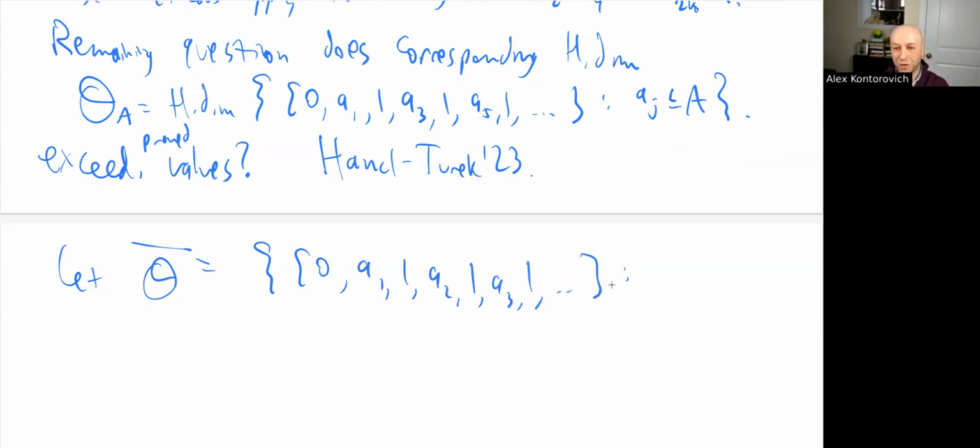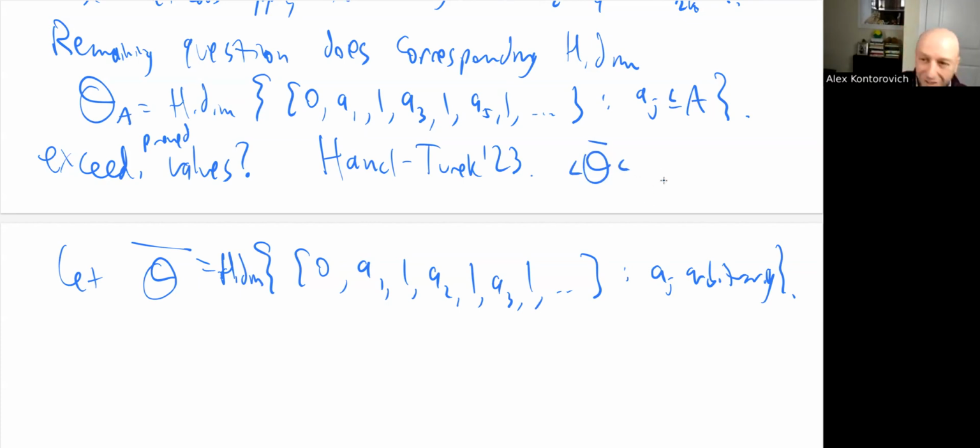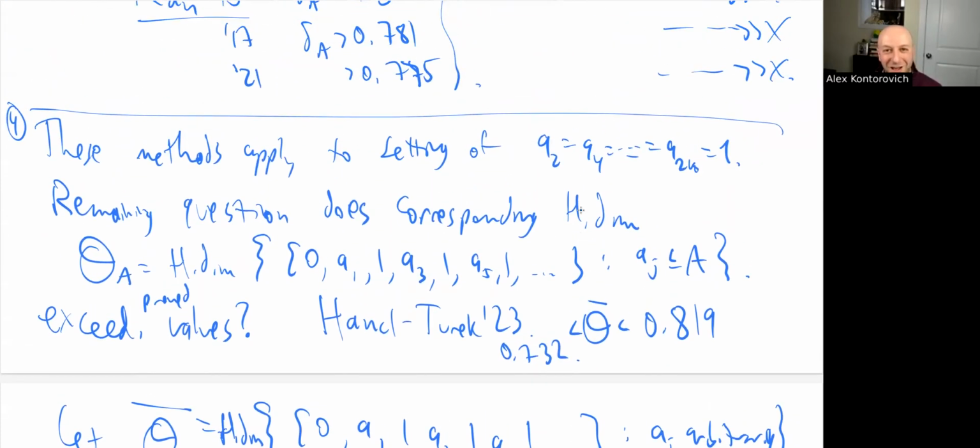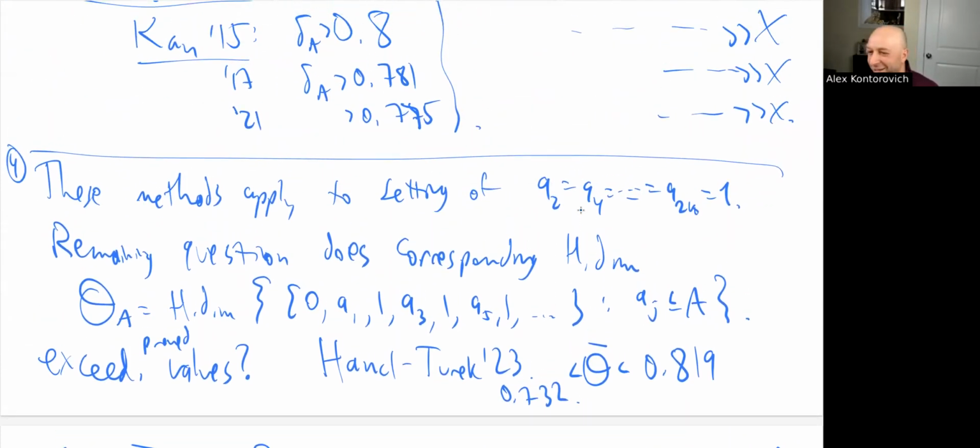The AJ are arbitrary, except for the fact that every other partial quotient is 1. What they showed is that theta bar lies between two numbers, 0.819 and 0.732. And now let's look back at the known values, and it's completely inconclusive.